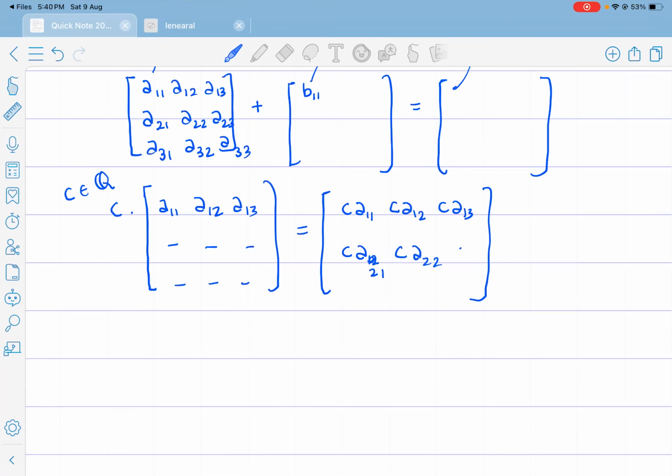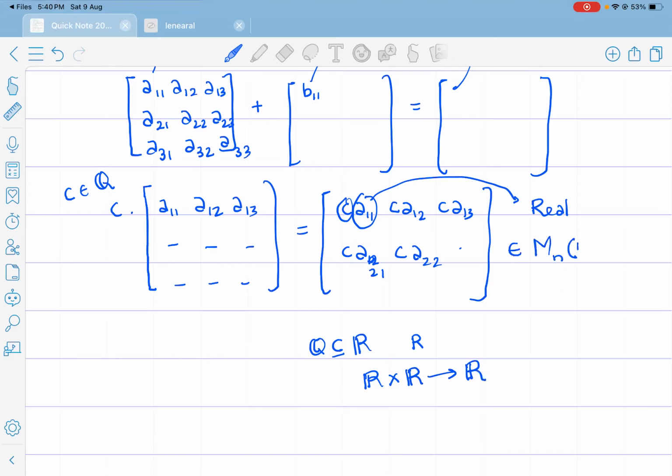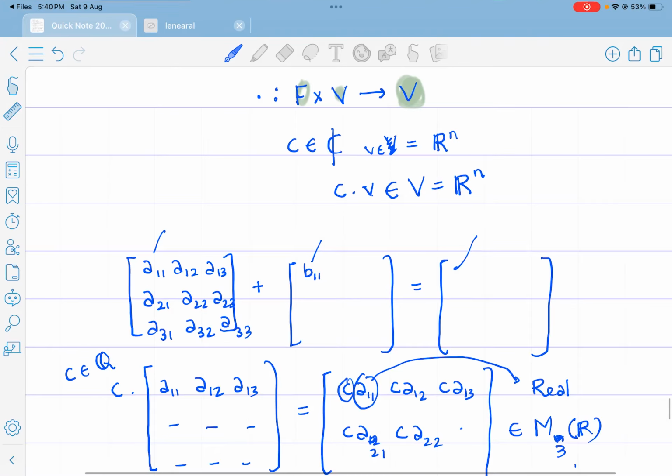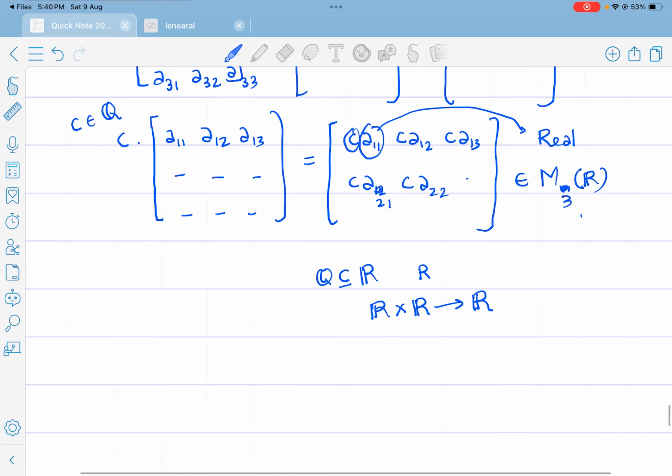But here we won't have that problem, because a rational number times a real number is again a real number. Why? Because rational numbers are a subset of real numbers, and a real number times a real number gives us again a real number. So this matrix ends up again in M_m×n(R), in this case M3(R). So the dot will make sense.